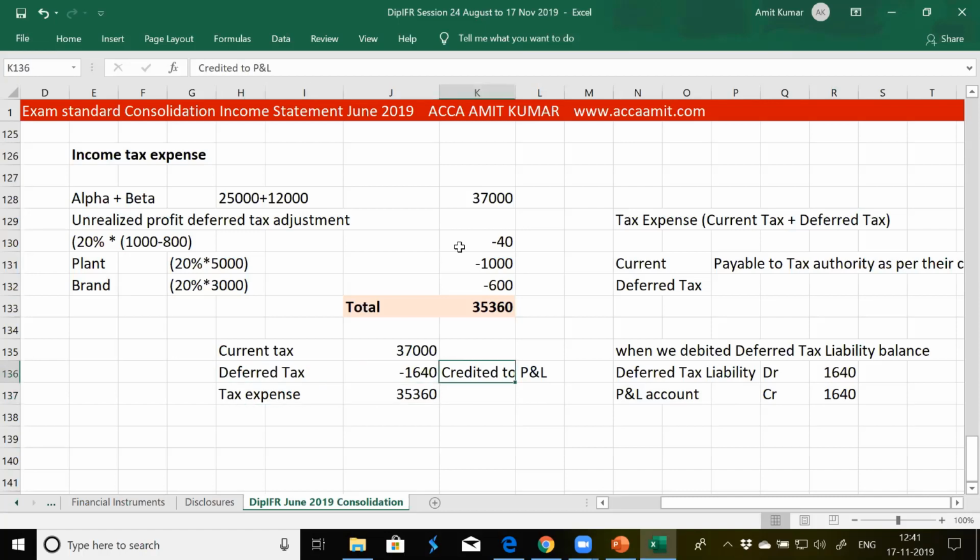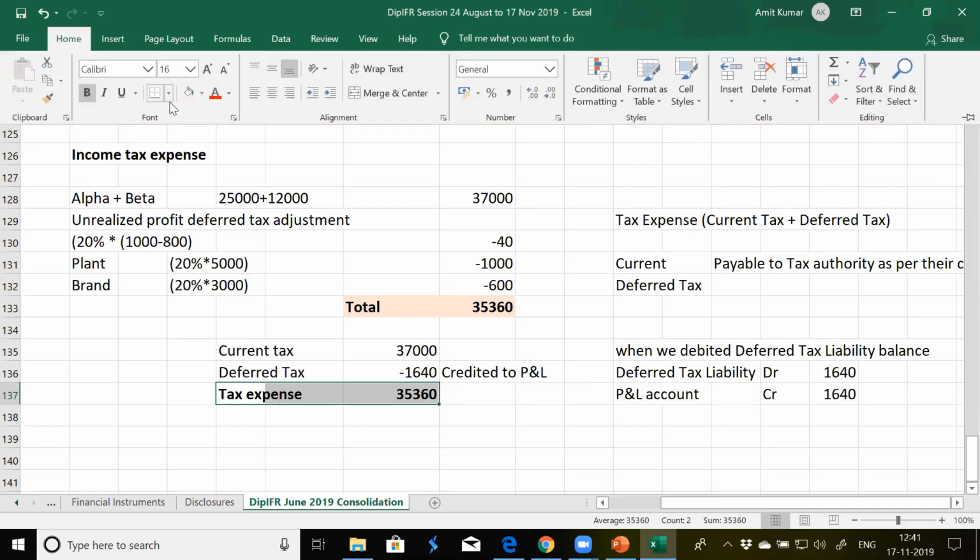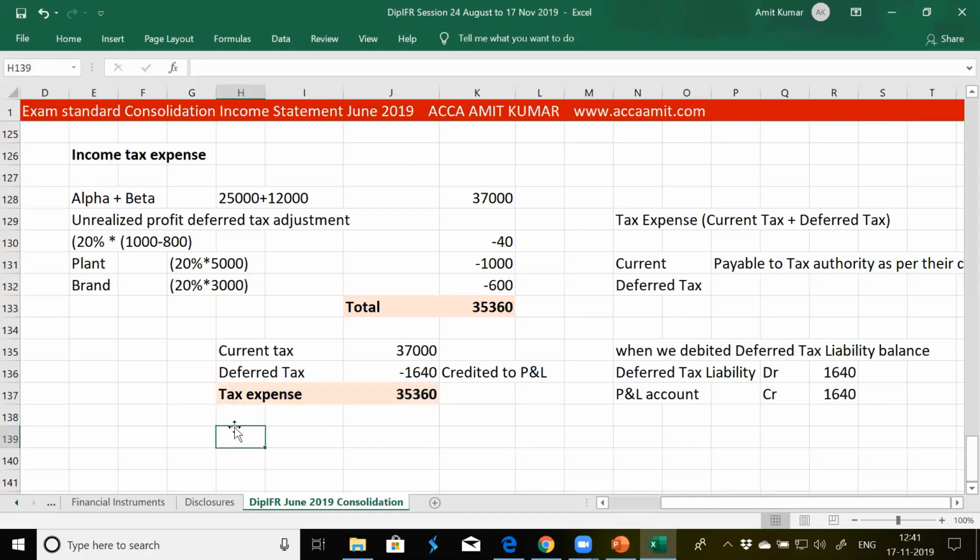So this is how it got credited to P&L. So your tax expense reduced by 1,640, but we were adamant that we will follow accounting principles, so we'll show an expense of only 35,360 in the books. I hope this cannot get better than this. So it seems like a deferred tax asset, but it's actually a reversal of deferred tax liability balance.